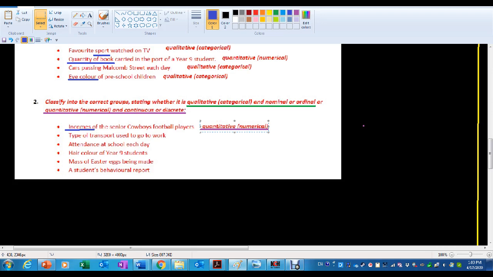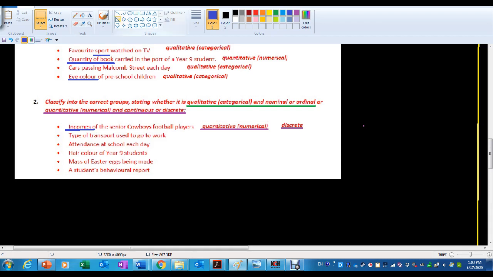So it should be continuous or discrete? For money, we normally call it discrete, because there's a smallest unit of money in our system. For example, for Aussie dollars, the smallest unit is cents, right? So it's discrete and quantitative.